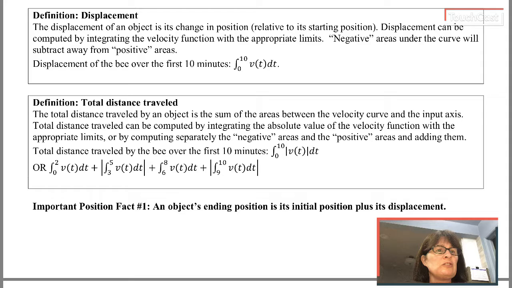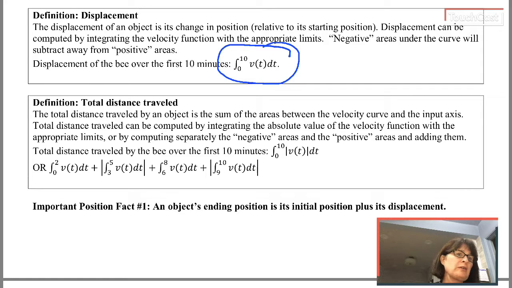We've just always been assuming that our velocity was positive. This will work even if velocity is sometimes negative. It just gives us what we call displacement, change in position compared to where you start. So to find the displacement of the bee, I could integrate from 0 to 10 the velocity function if I wanted to know how far the bee got from where it started over those first 10 minutes.